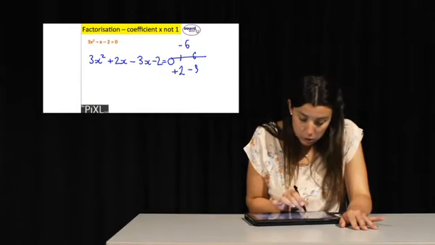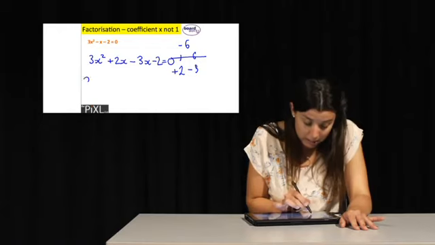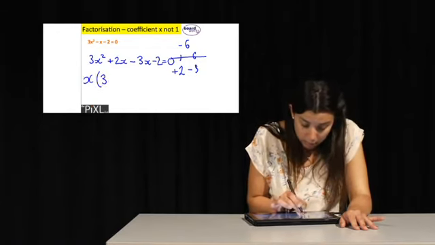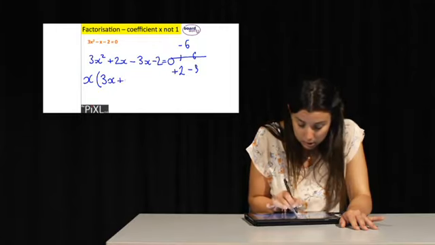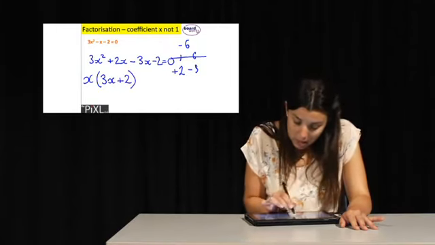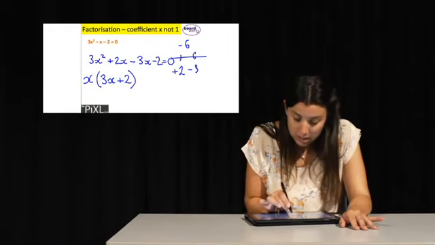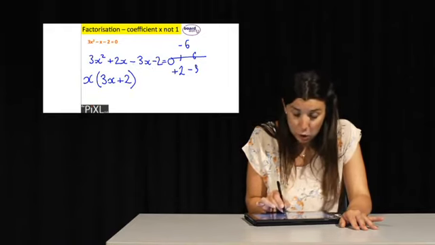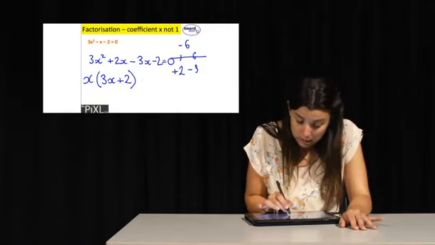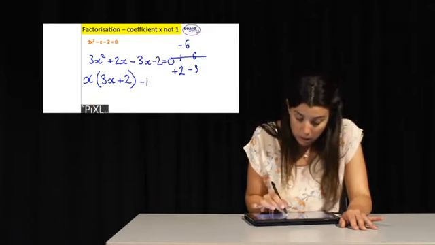So if we look at our first two terms, our common factor is x, which goes outside the bracket. Then we have 3x plus 2. Close our bracket. We then look at our second two terms. We've got negative 3x, negative 2. So the only factor that's common to both of those is negative 1.